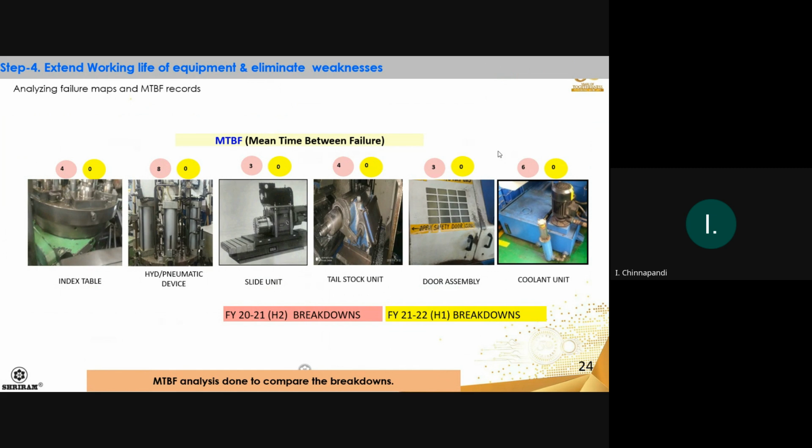And if a component is failing, we take the corrective action on the particular component. Once the corrective action is taken, we use diagnostic techniques to predict failures. What are the diagnostic techniques? We will see in the subsequent slides. Next.